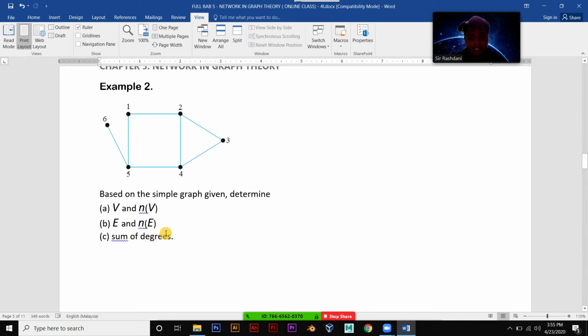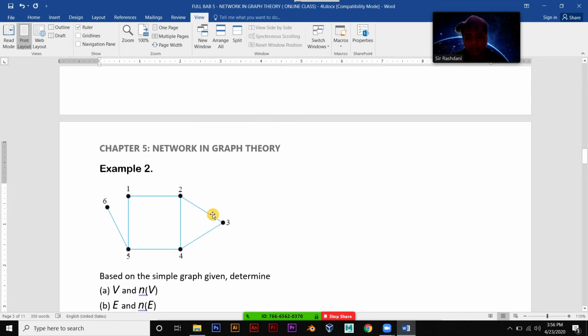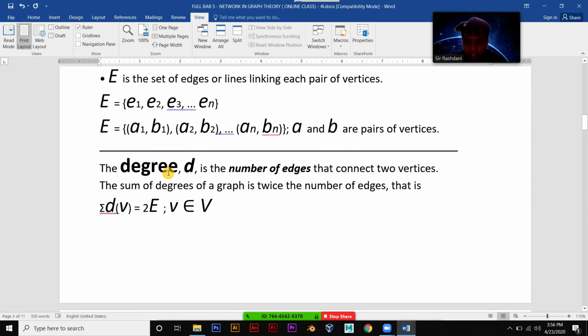We know that the sum of degrees, which we know as D, is equal to 2 times E, the number of edges. How do we find that from the graph? If you still remember, D is equal to 2 times E, the number of edges.